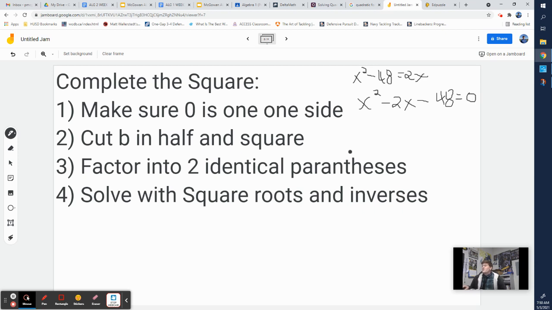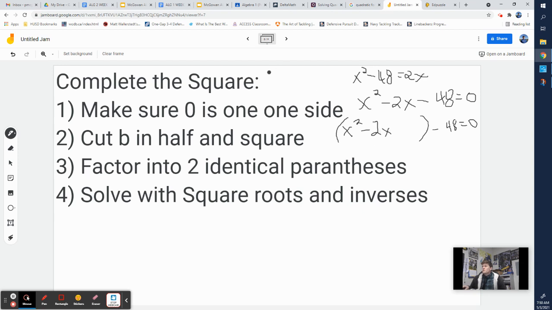Now cut b in half and square it. So I'm going to focus on this side here. We'll leave the negative 48 on this side for now. I have x squared minus 2x. So I'm going to cut that negative 2 in half, and then square it.